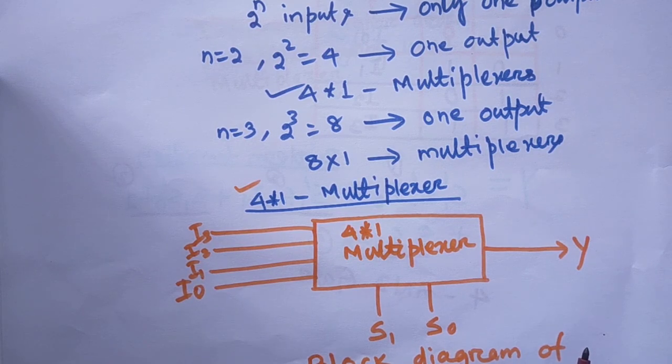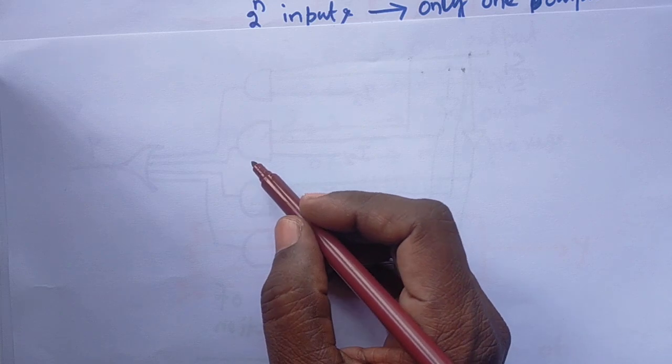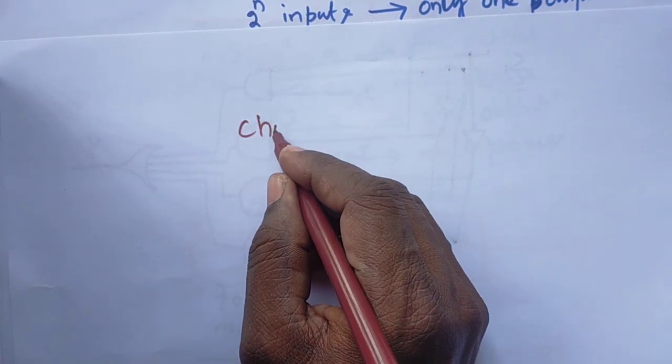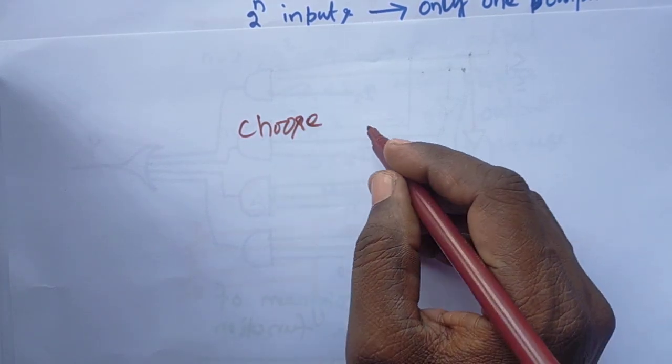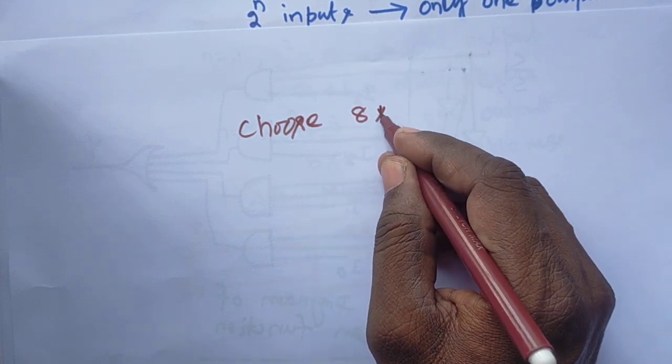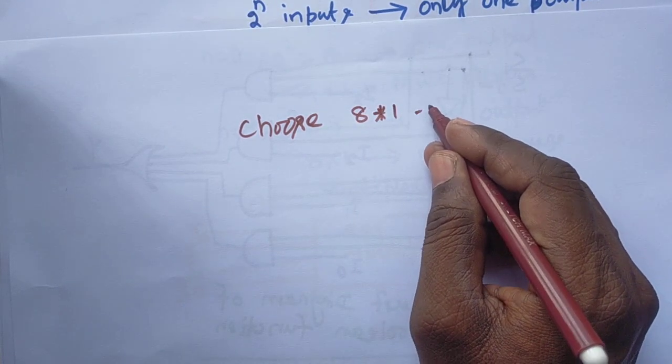For example, suppose we choose an 8 into 1 multiplexer.